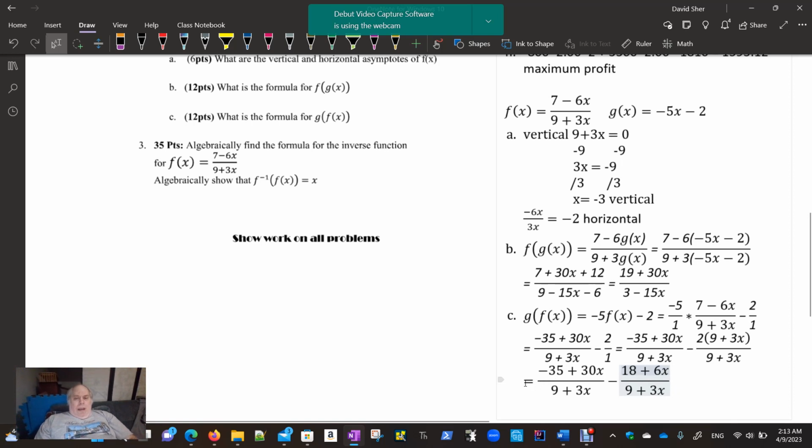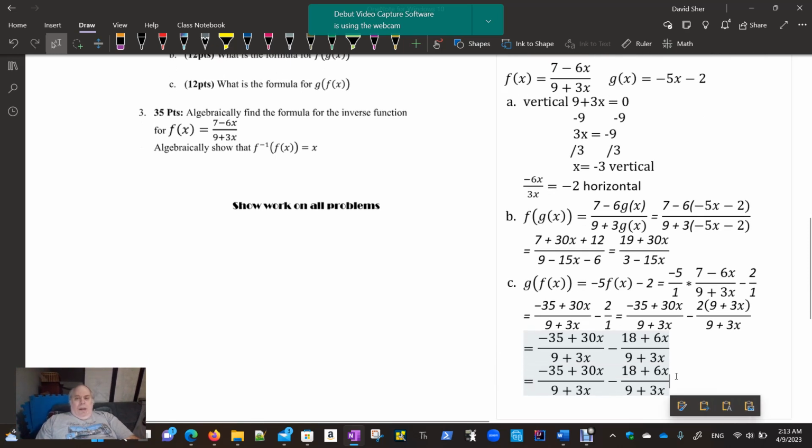And now I combine the numerators. Minus 35 minus 18 gives me minus 53, and plus 6x plus 30x gives me plus 36x.